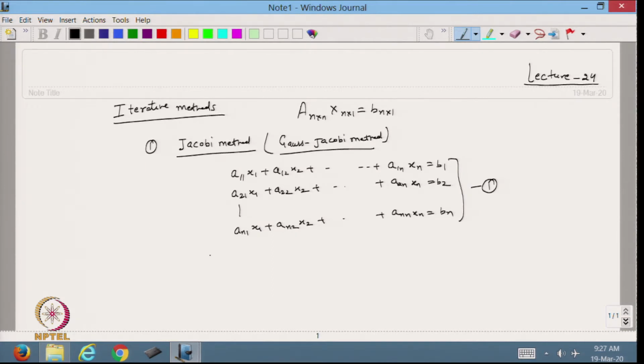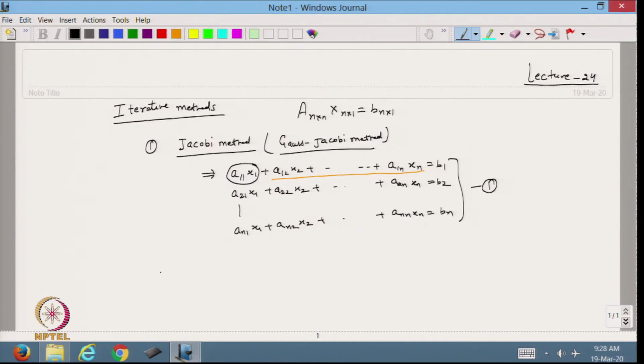So what I do in this case, first I will concentrate on the first row. In the first row I will just keep the x1 term, and I am taking all the other terms of this system on the right hand side.